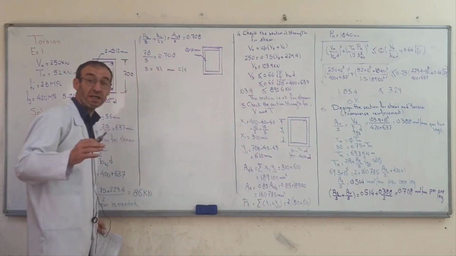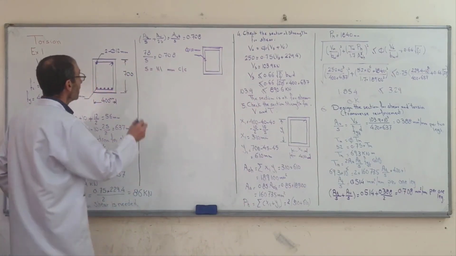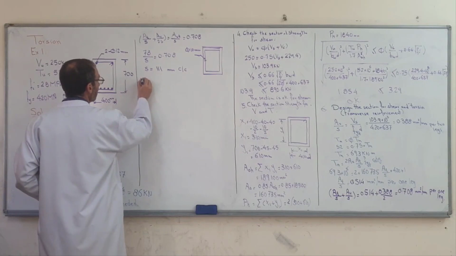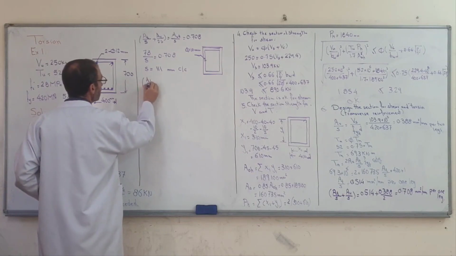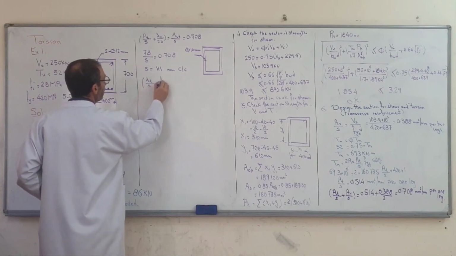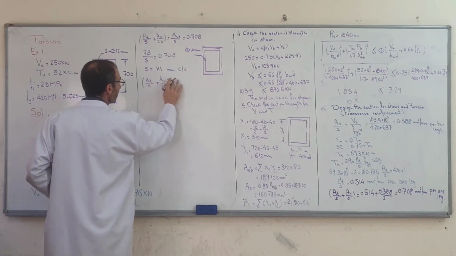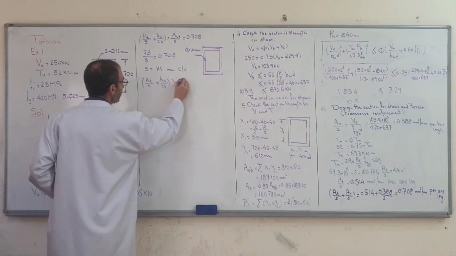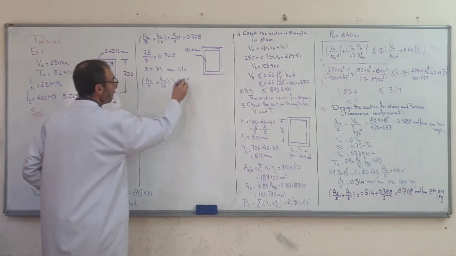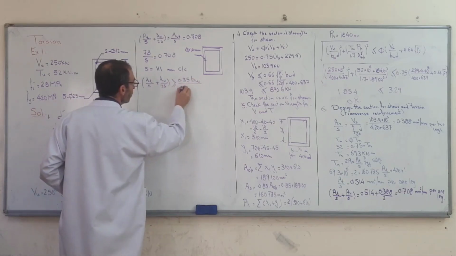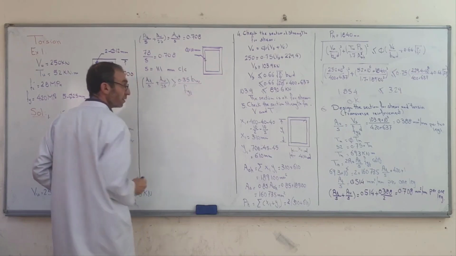Again, according to the minimum requirement, we have two equations. AT over S plus AV over 2S must be greater than or equal to 0.35 BW over FYT.